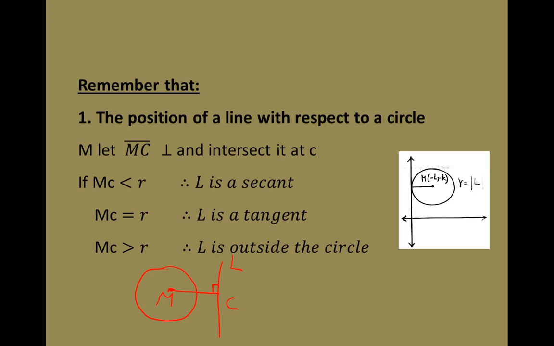Also, if MC equals R, then L is a tangent to the circle at the point C. If MC is less than R, then L is a secant to the circle.